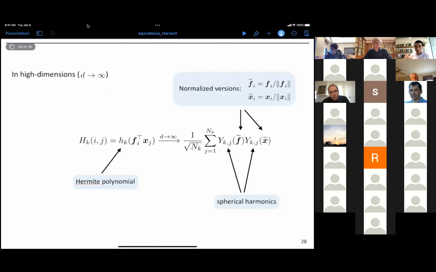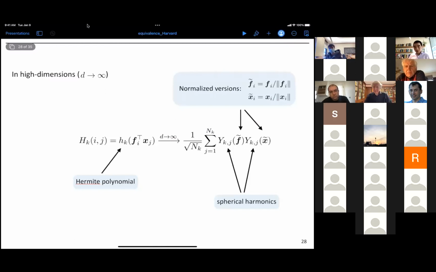It's also possible to understand why different orders of Hermite polynomials, the correlation between different matrix entries, can also be very weak, depending on N_K, the number of spherical harmonics that you use in the summation. And so the symmetric version is the same, as you can see, right?